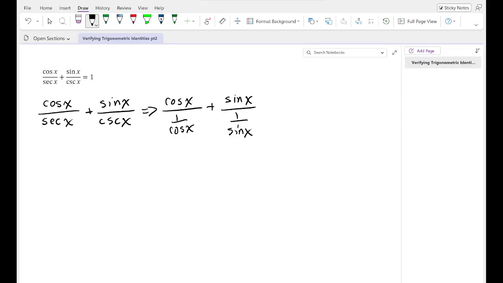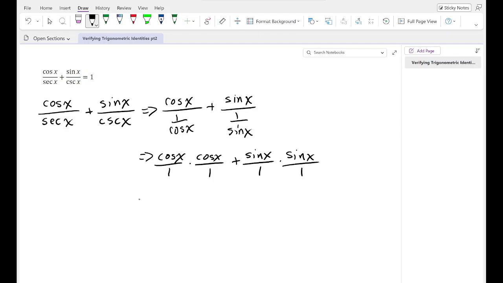And I'm going to flip these fractions here, so I'm going to have cosine x over 1 times cosine x over 1 plus sine x over 1 times sine x over 1.